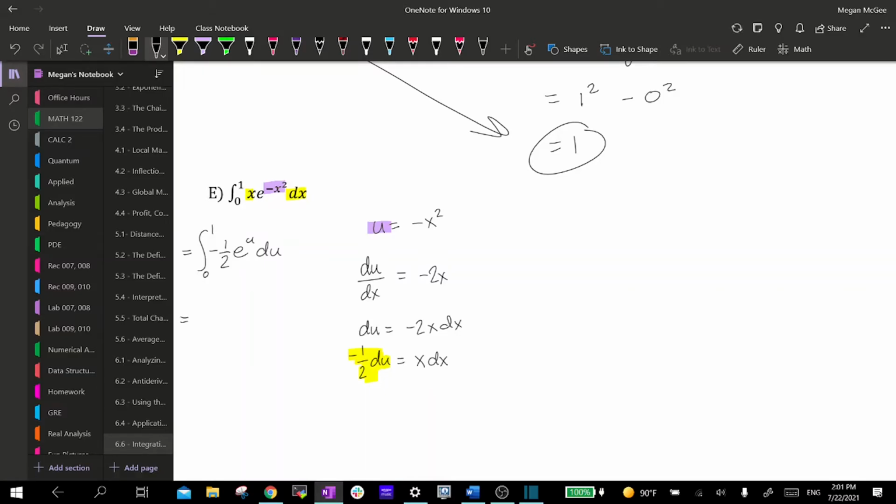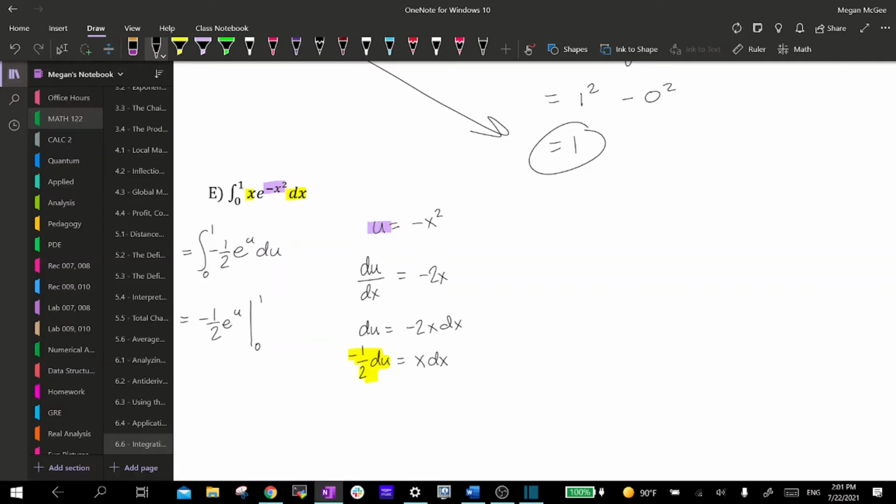So we can go ahead and take this integral, which we know is just going to be negative 1/2 e to the u, because our constants come in and out of integration, and the integral of e to the u is simply e to the u. But it needs to be evaluated from 0 to 1. So we have our options.